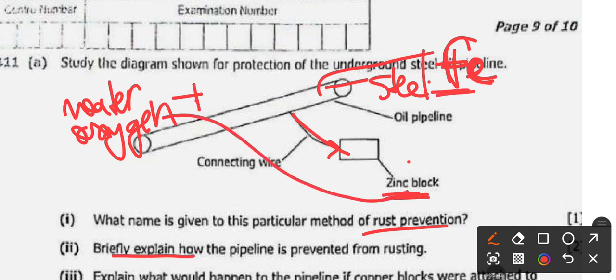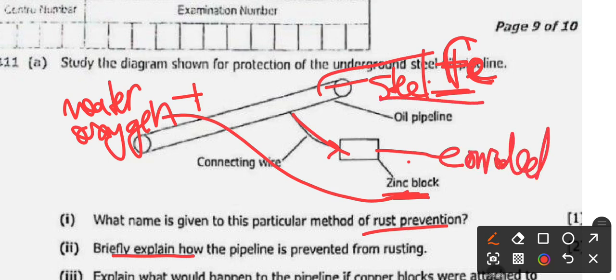So zinc is the one that would be reacting with water and oxygen. As a result, zinc is the one that would be corroded, and the steel pipeline would be safe. That's how sacrificial protection works.